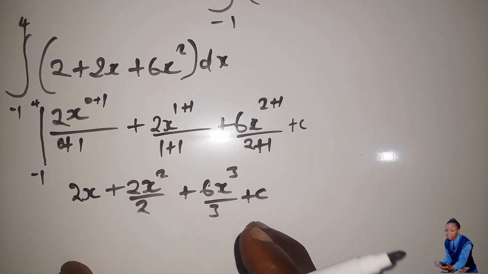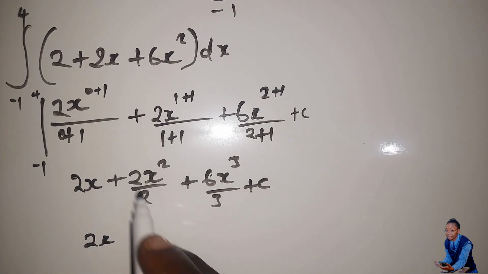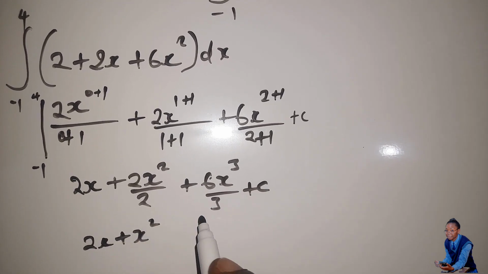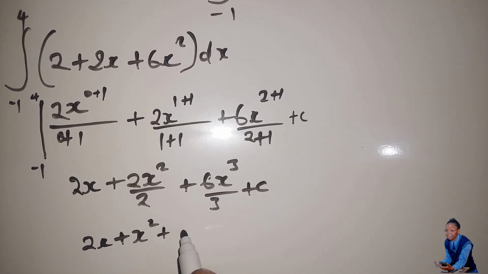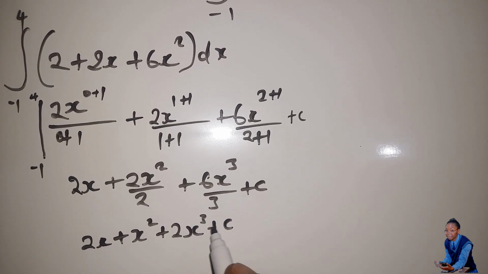When you divide, 2 over 2 gives x squared, and 6 over 3 gives 2 times x to the power 3, plus c.